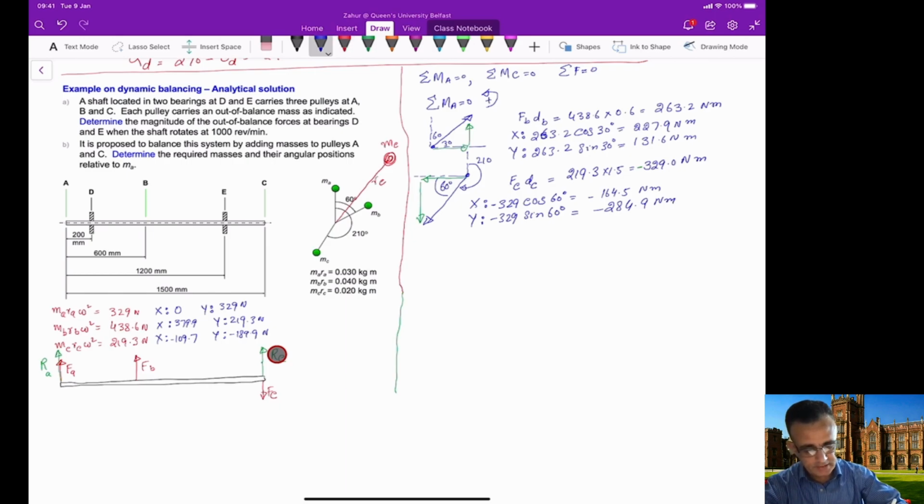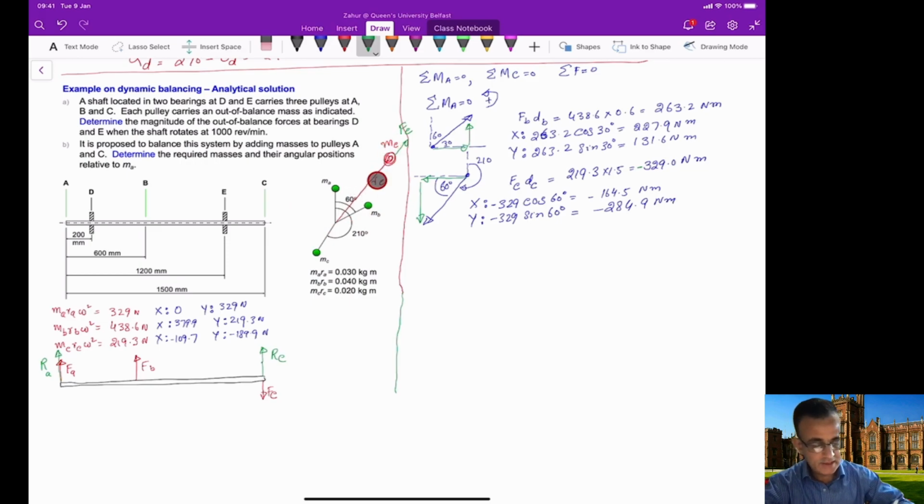So the FC is going to be in this direction. It's just our assumption. If you do all the calculation, it will give you the exact value of MC and RC, and it should also provide you with the exact direction of it.